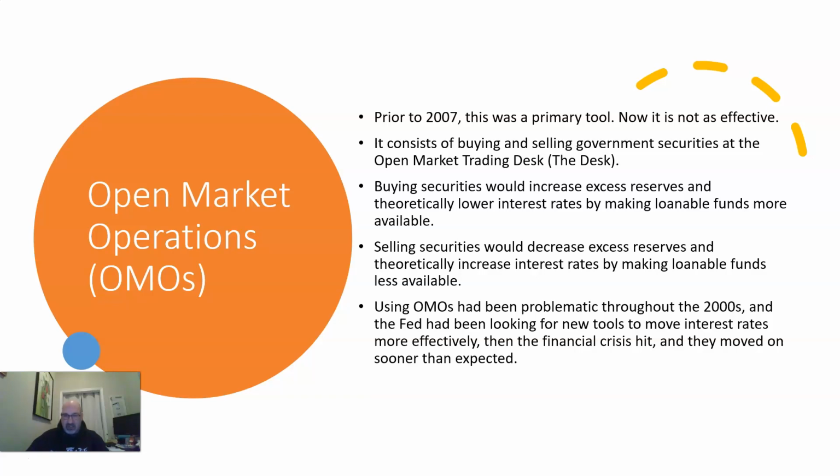Selling securities would decrease excess reserves, theoretically increase interest rates by making loanable funds less available. So basically, you're taking excess reserves out of the market, selling securities to the banks. The banks are holding securities for which they're getting paid quarterly interest, but they don't have money now. They don't actually have those excess reserves.